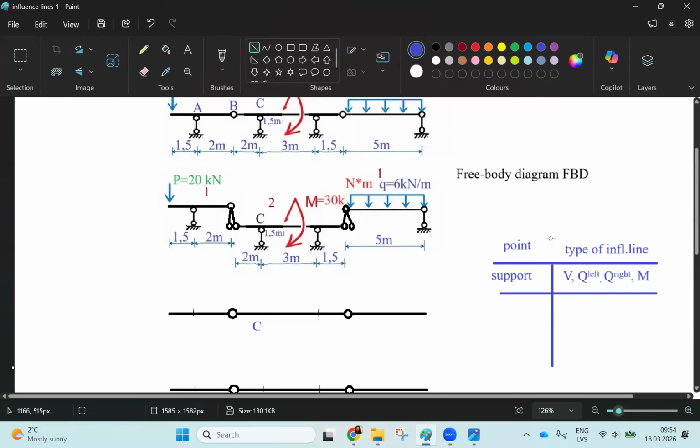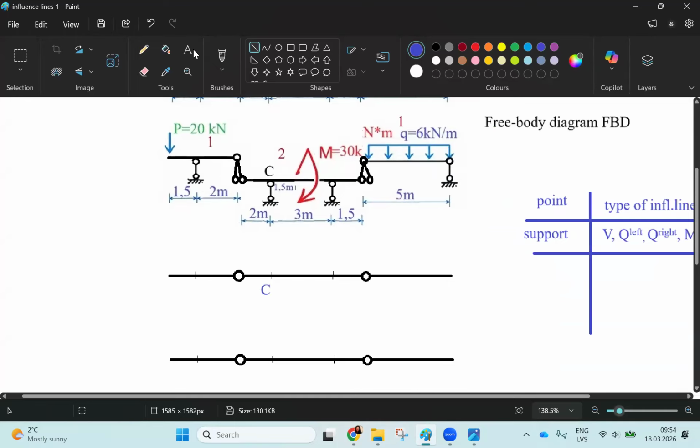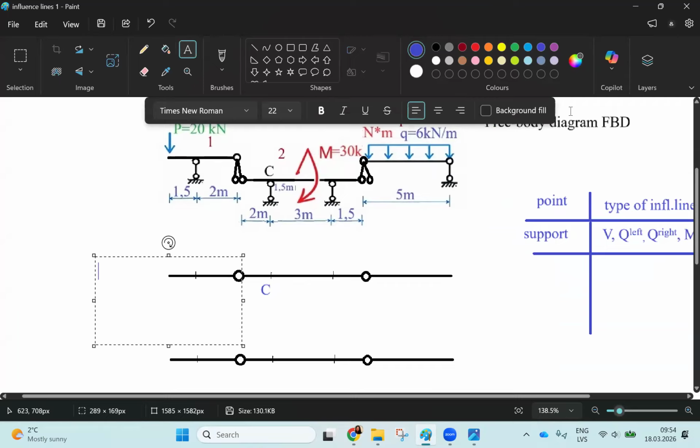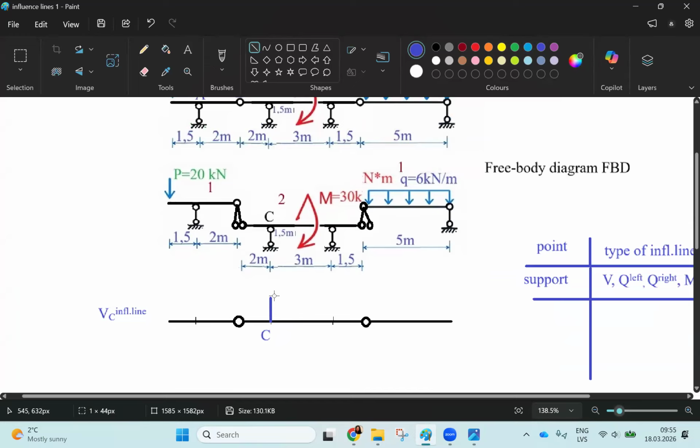The beam will be stable. This one is one of the most complicated points. So point C. Let's start with the VC influence line, and the theory says that it always goes one upward.